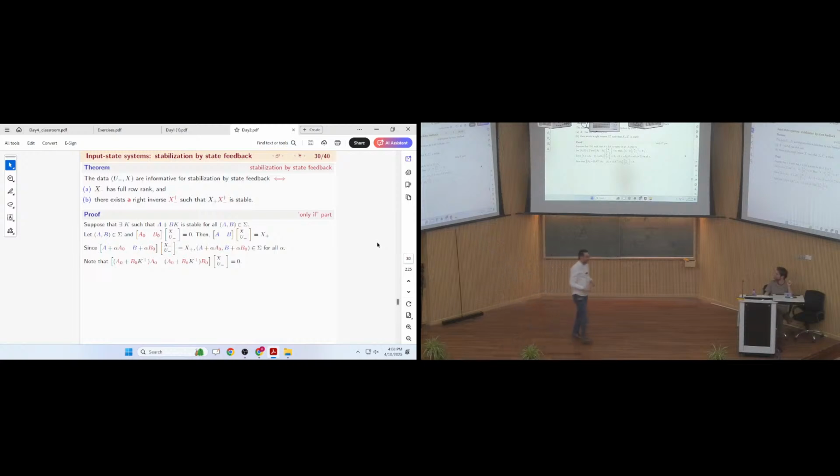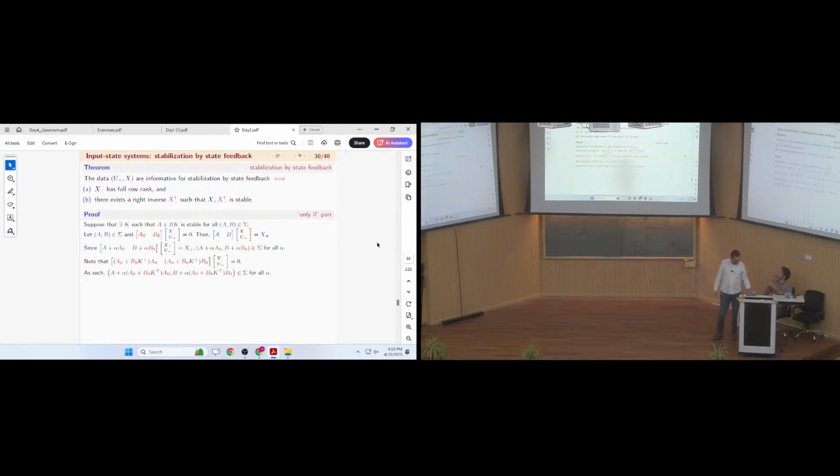This allows me to obtain yet another data consistent system, and it is given by this pair. I'm not going to read it out. And again, for any alpha, this pair is a data consistent system, which means that for that K, if I look at nu A plus nu BK, it has eigenvalues in CG.